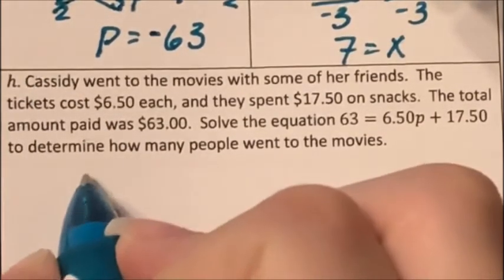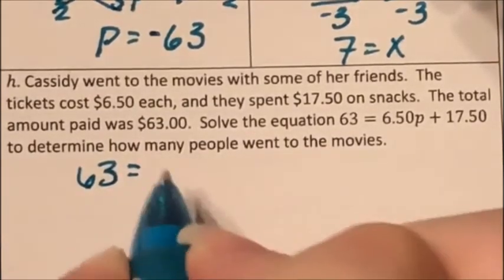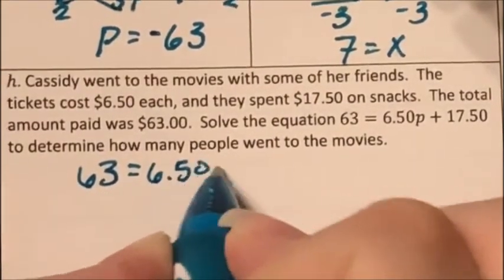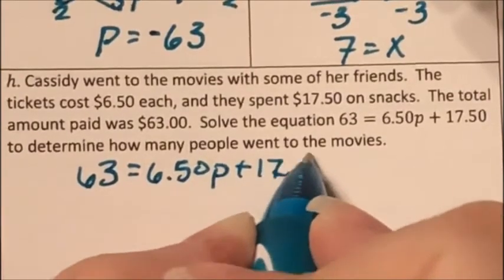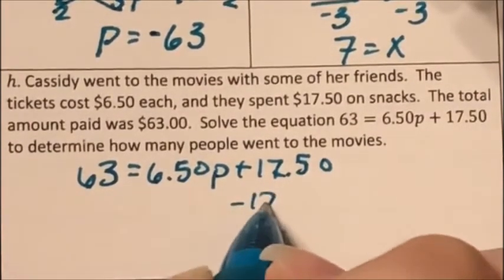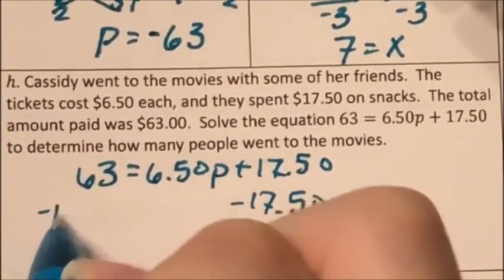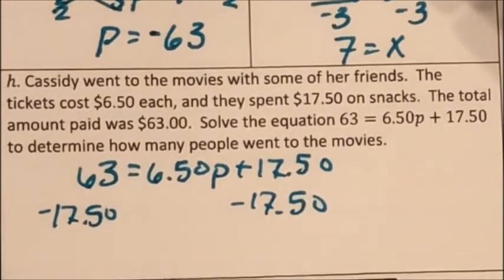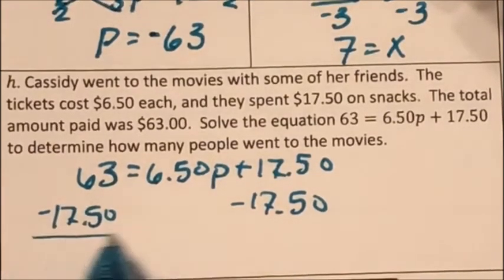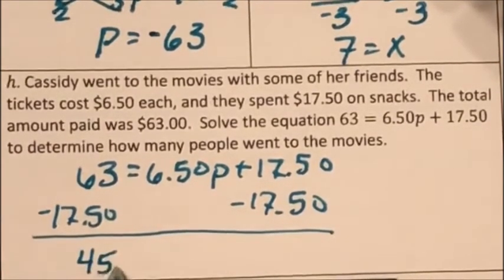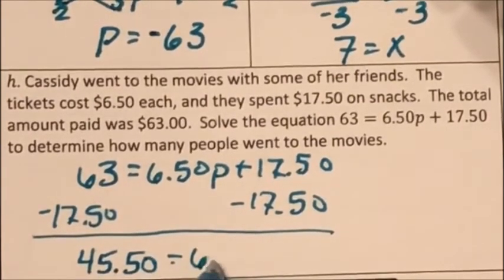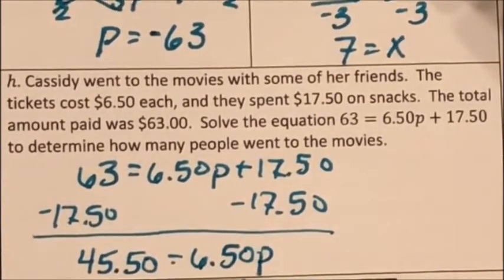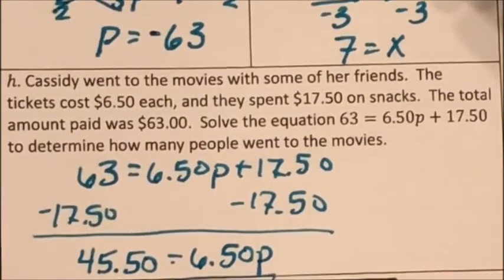So I'm going to take my equation, 63 equals 6.50p plus 17.50. I'm going to subtract 17.50 from both sides. So 63 minus 17.50 is 45.50 equals 6.50p. Then I'm going to divide both sides by 6.50.